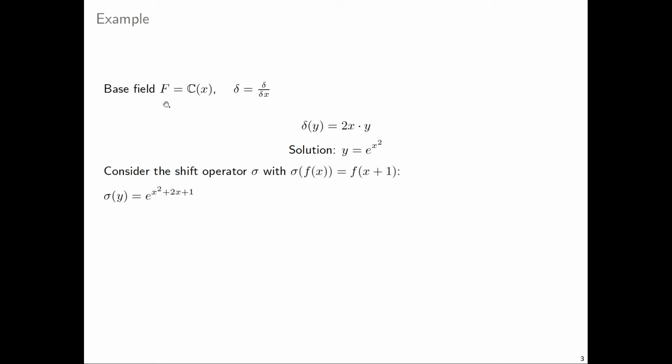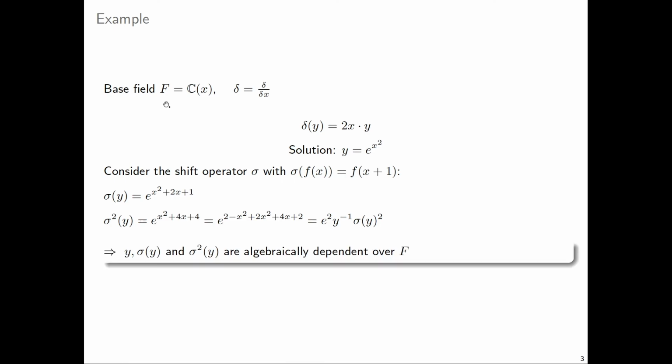And if you apply sigma again, we get another function, but what you can see is that we get this relation here. Right, so y and the images under sigma and higher powers of sigma are not algebraically independent. There's a relation, and this difference Galois theory of differential equations sees this equation.